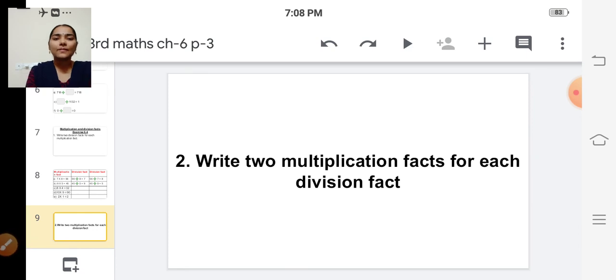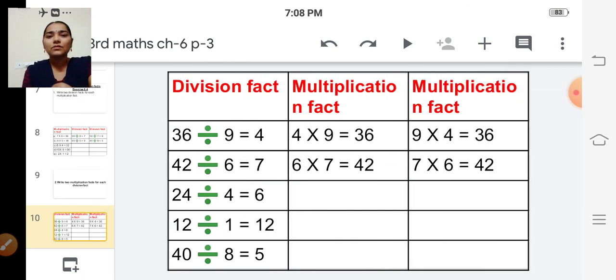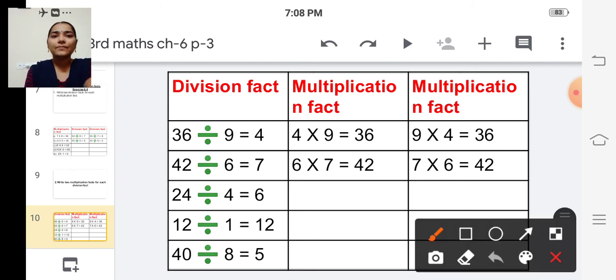Second question. Write two multiplication facts for each division fact. So now we are going to write two multiplication facts for the given division fact. Okay. So here this 36 is the product.